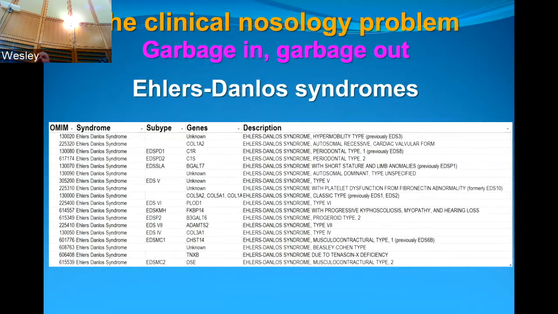So we've been spending a lot of time on the database and the metadata. I think there's a major nosology problem in the field of human genetics, or as the layman would say, garbage in, garbage out. Cleaning up the database and what is available for use is requiring a lot of our effort at the moment, and probably will continue to.